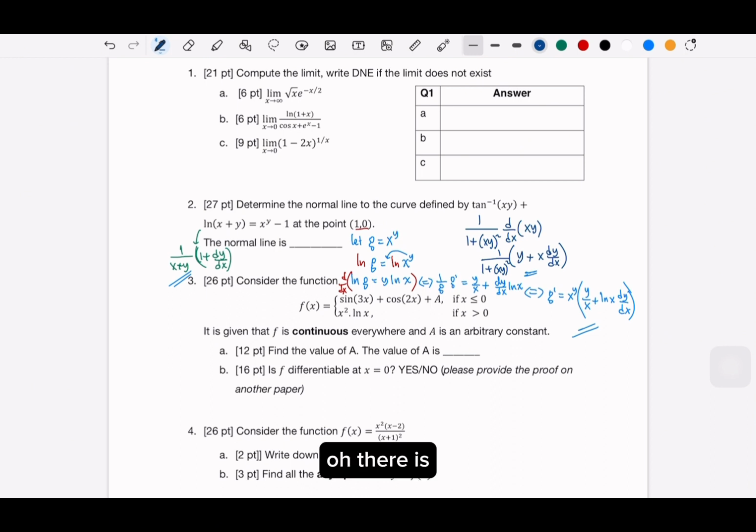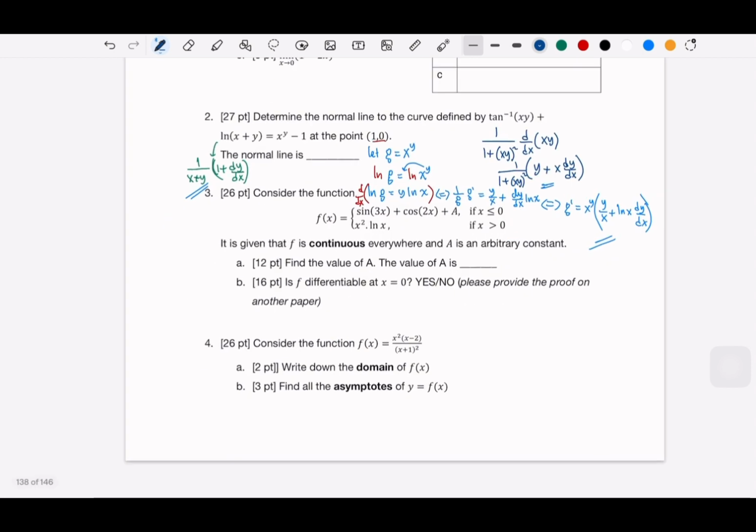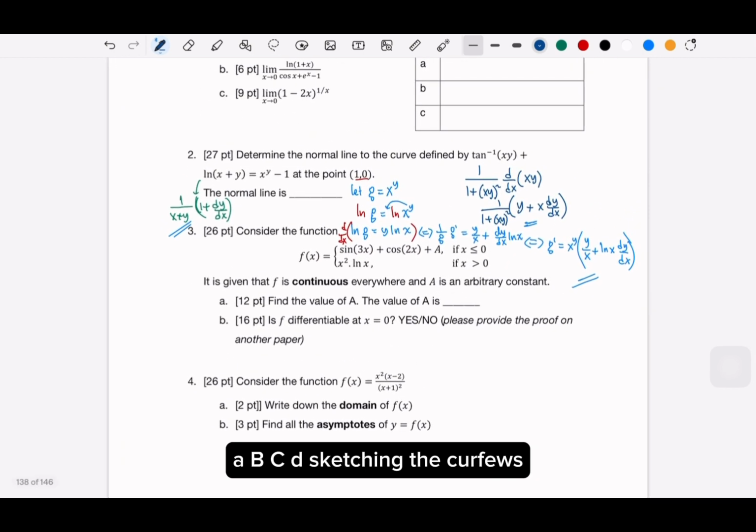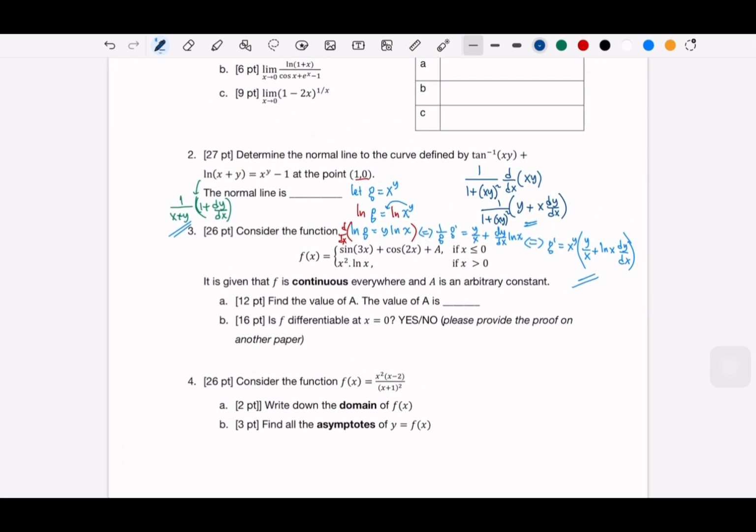Oh, there is A, B, C, D, sketching the curve basically. Arbitrary, you can think of it as any number.